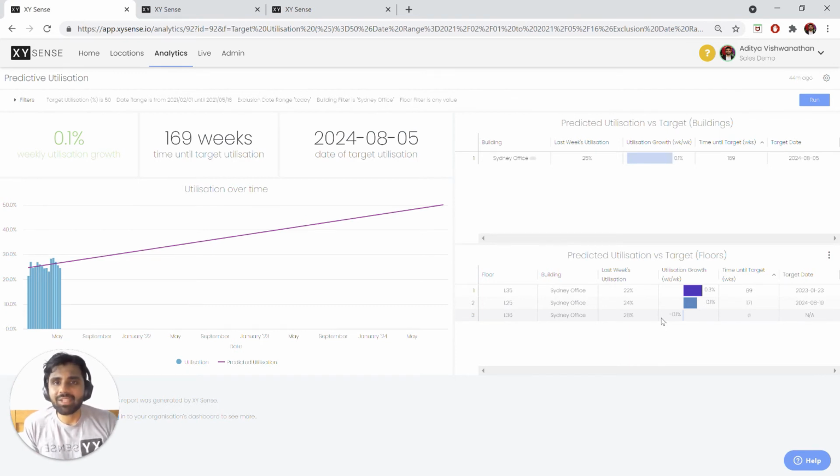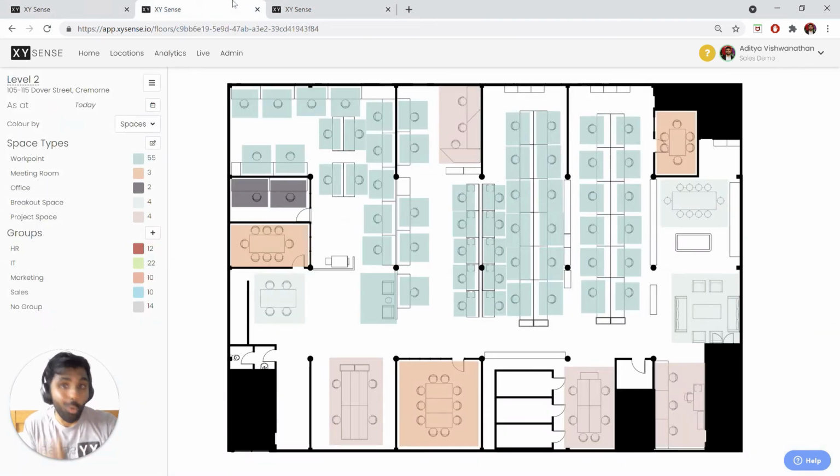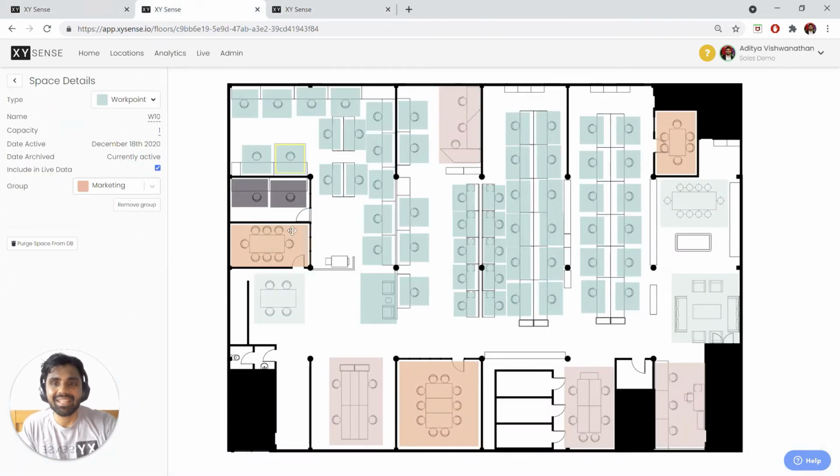Now, with XY Sense, you have access to the widest coverage sensor on the market, as well as real-time accurate utilization data on all areas of your office space. And this includes all areas, including desks, meeting rooms, and even open collaborative areas such as soft seating and kitchen booths, for example.